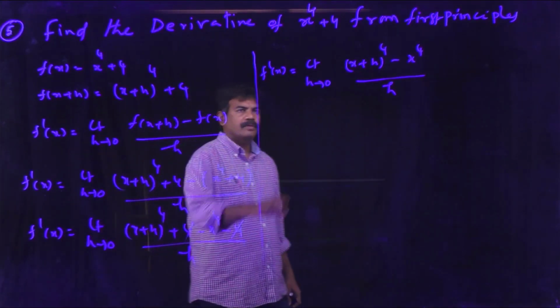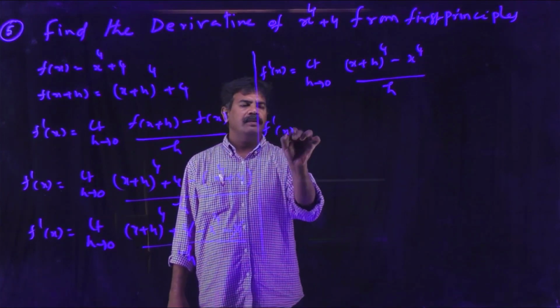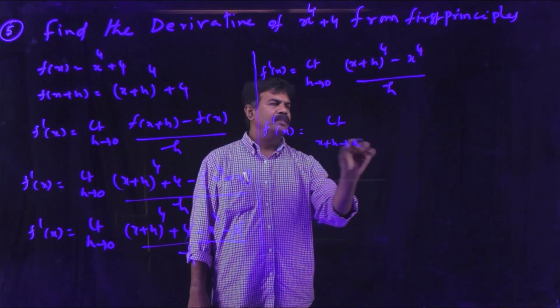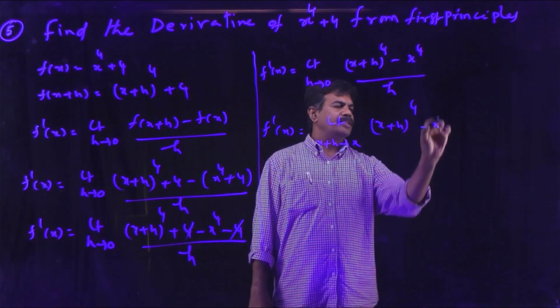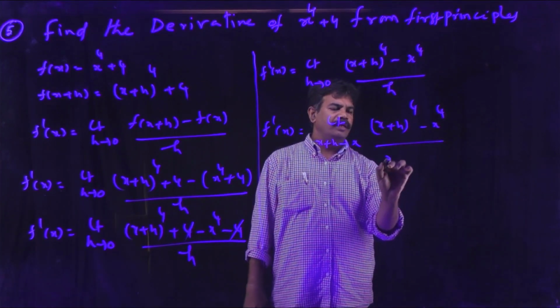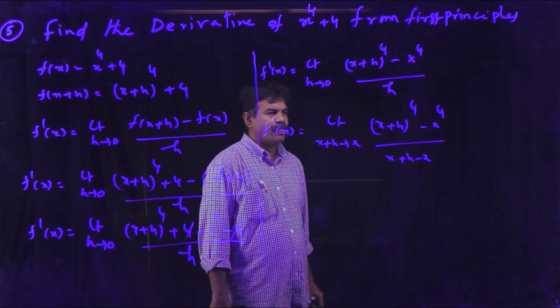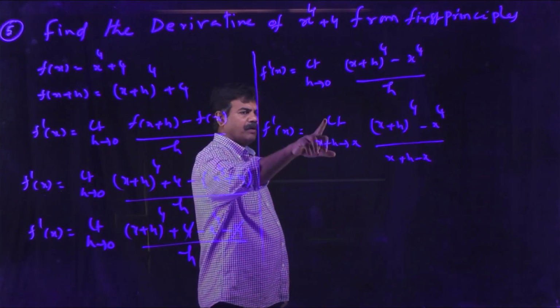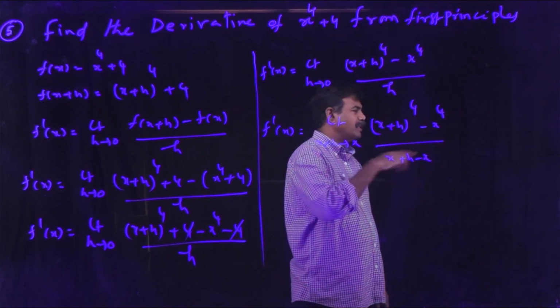Now take the limit. We add both sides x, so f dash x is equal to limit x plus h tends to x, x plus h whole power 4 minus x power 4 by denominator. We add x and subtract x. So f dash x is equal to, it is in the form of limit x tends to a, x power n minus a power n by x minus a.